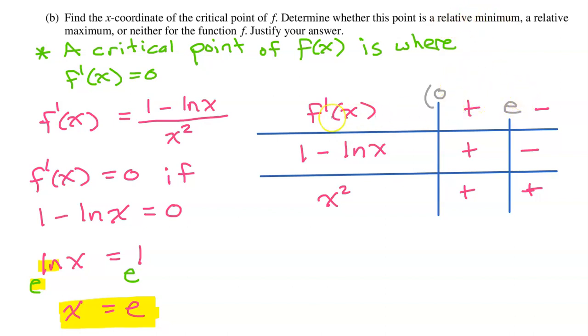So the idea is if f prime is positive, that means that the original function must be increasing in that interval. If f prime is negative, the original function must be decreasing. So if the function goes from increasing to decreasing, we are looking at a relative maximum.